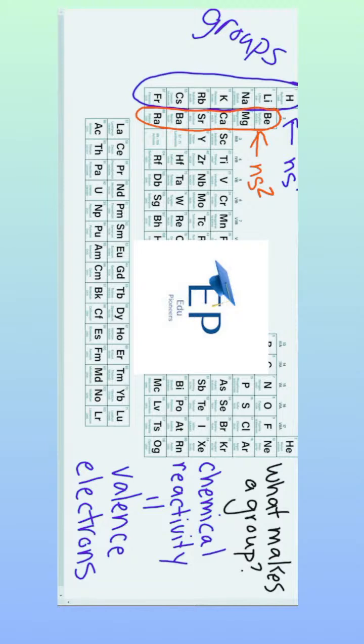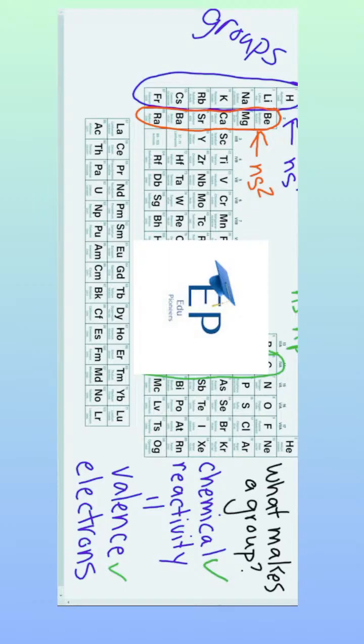Let's look at one more example. We'll go to group 4A over here. And the electron configuration for 4A is ns2 np2. So again, those n's just depend on how big that element is.